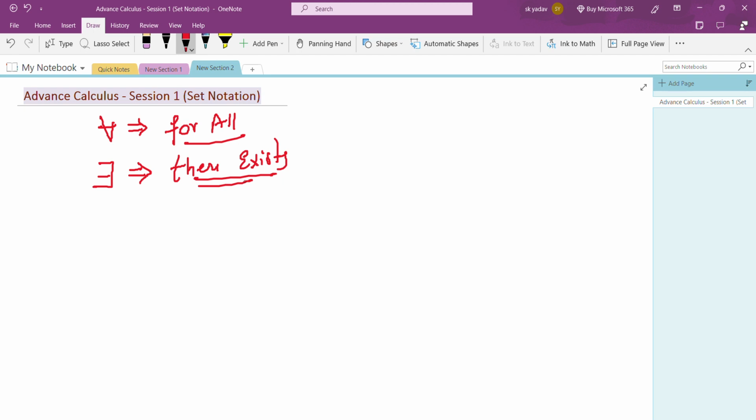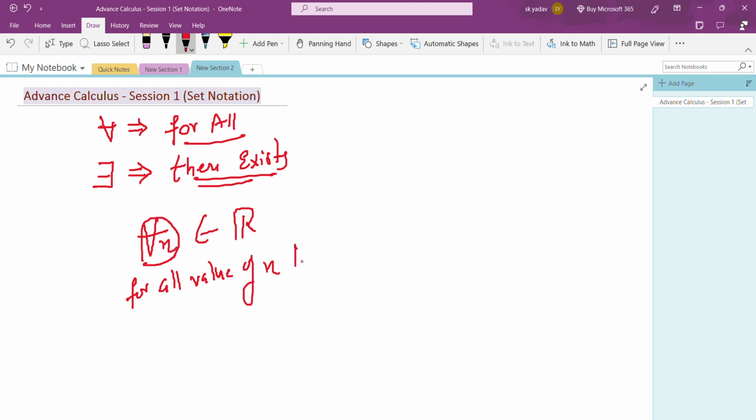Now let's discuss this. What exactly does it mean? If we write, for all x belongs to the real numbers, it means for all values of x belonging to the real numbers.